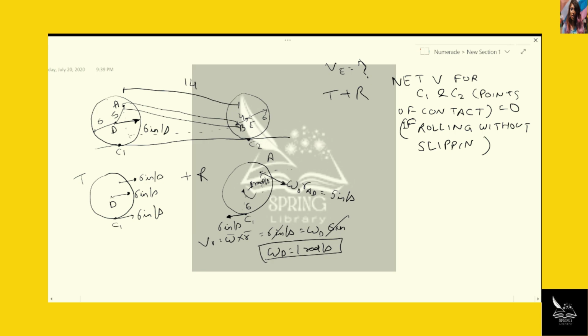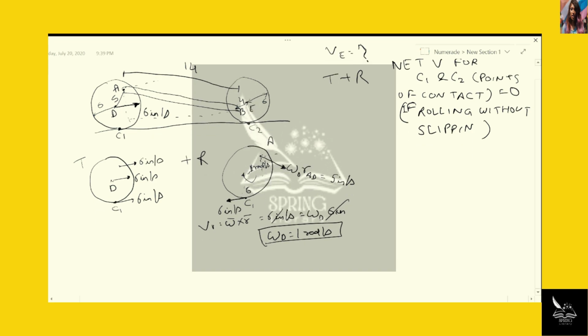Do we know any other information to figure out this angle for now? If this is the horizontal, then let us continue solving and we'll probably figure out the correct angle for the velocity.